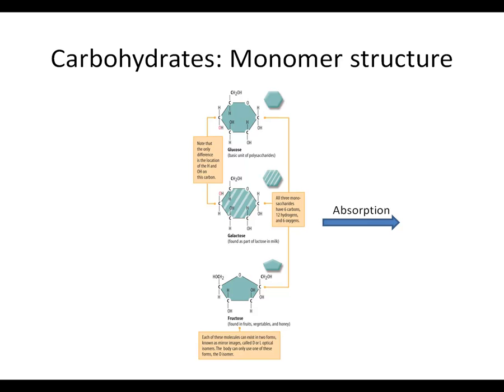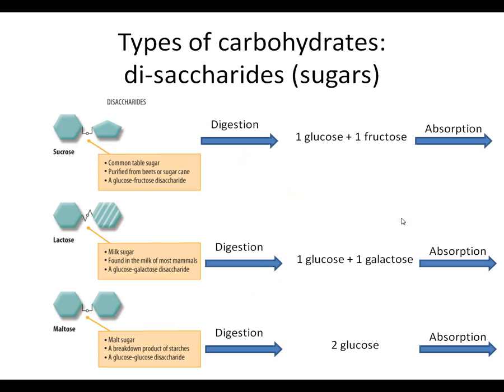All right, so these three, if you can ingest just any one of these, are what's directly absorbed through the intestinal wall. But our food does not come in this form. You cannot go to the supermarket and buy pure glucose, galactose, or fructose. Instead, the way that these usually come to us is as either disaccharides or as polysaccharides.